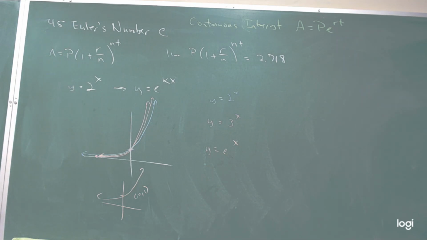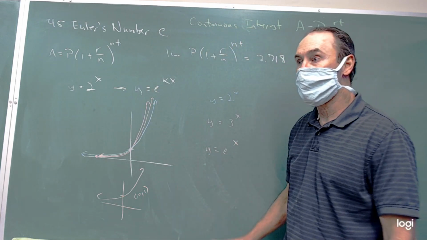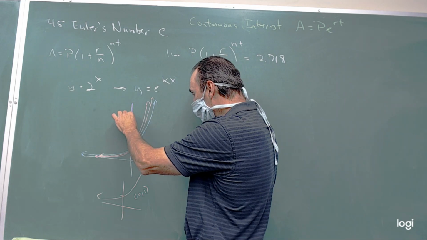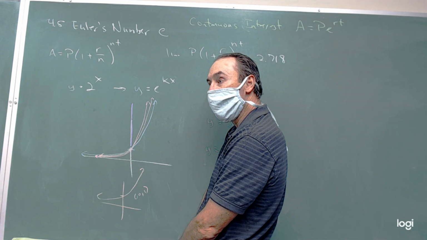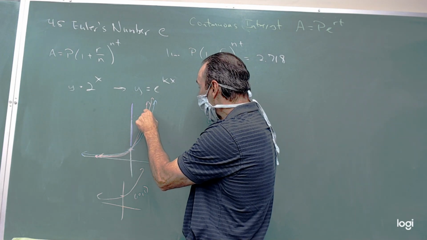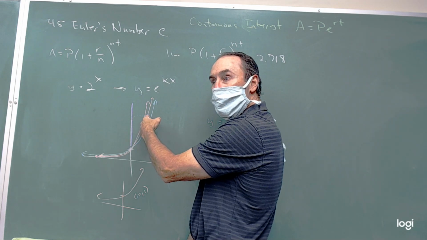And then what I also want to convince you of is this idea of equivalence. If you look at these y values here, if you take any y value that is bigger than 1, when you go to the orange curve, you can find a place on it where the y value is equal to that number.